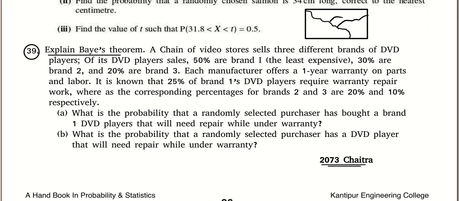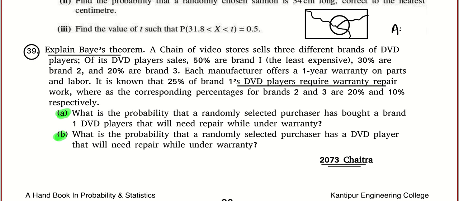And the common part, capital A, will be the players requiring warranty repair. So capital A means the DVD player will require a repair in the warranty period itself. Now I want you to read question A and question B.